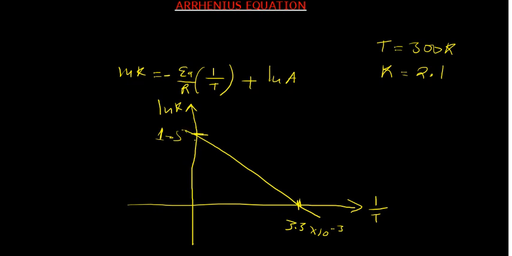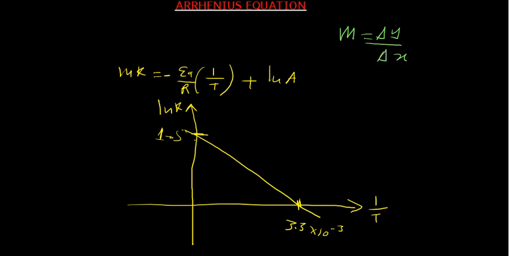Now, how are we able to determine the activation energy from this? We can determine it from the data that we have here using the formula. All we have to do is determine the gradient of the line. But how do we find the gradient? Gradient is change in y divided by change in x.